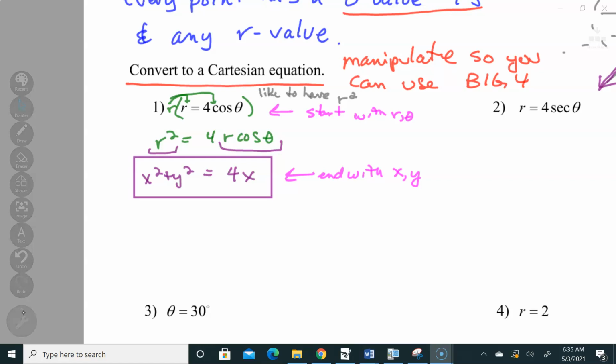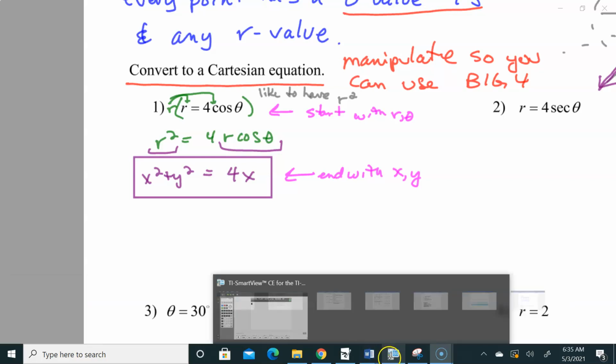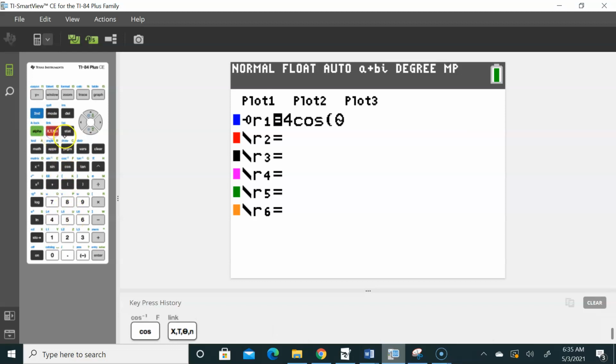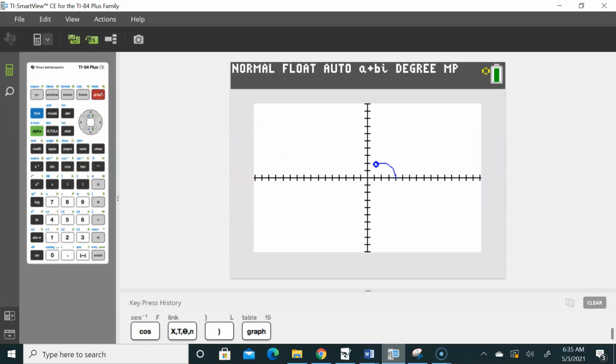Well, I cannot put x squared plus y squared equals 4x into my calculator, but I can definitely put r equals 4 cosine of theta into the calculator when I'm in polar mode. So I am in polar mode. r equals 4 cosine theta. And I think my window's already set up. And there we go.